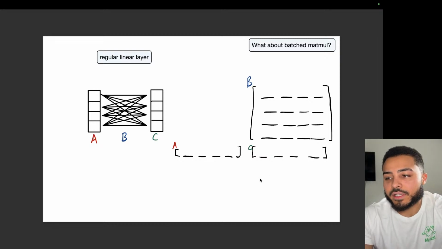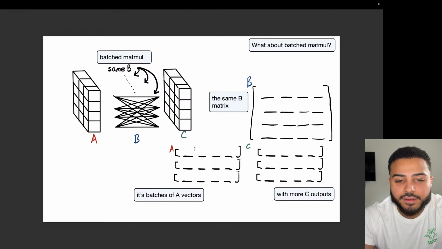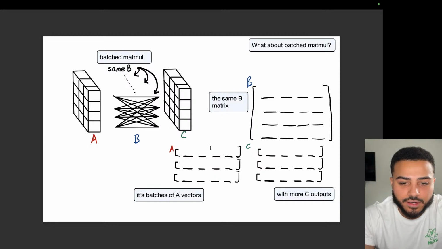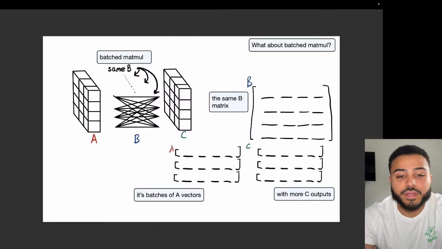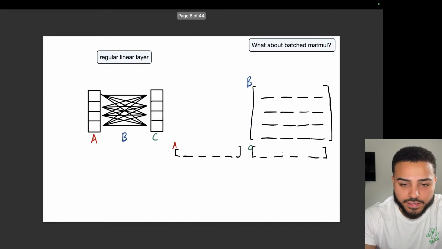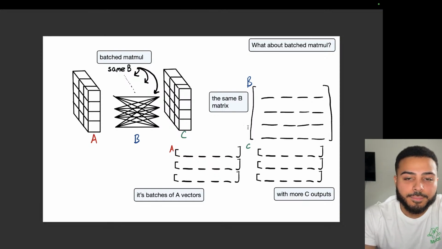So the thing is, we could easily do that. We could do many token vectors at once by just having a stack of vectors, by having a batch of tensors. So when you do this computation, since we have three rows in A now, we're going to have 3 rows in our output. So that's nice. This is the same output as this first line, and this B matrix is the same matrix.